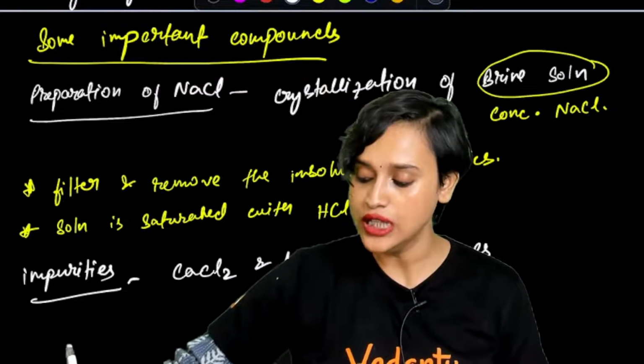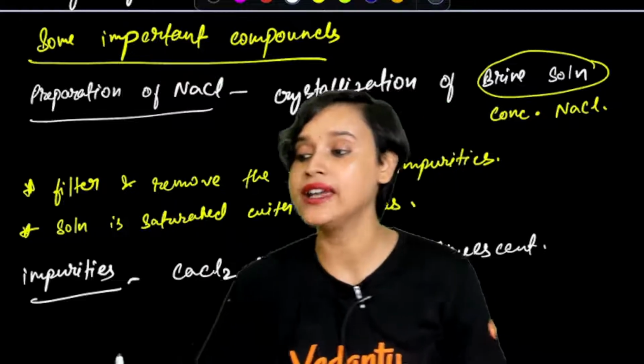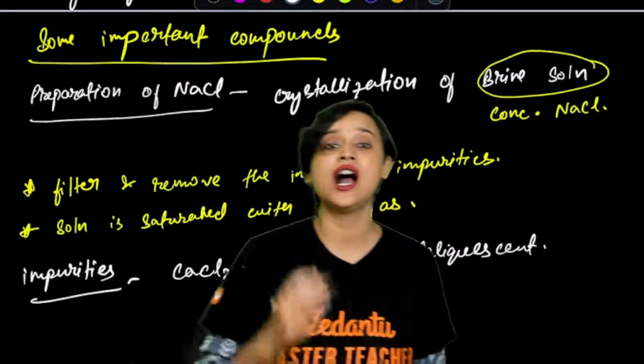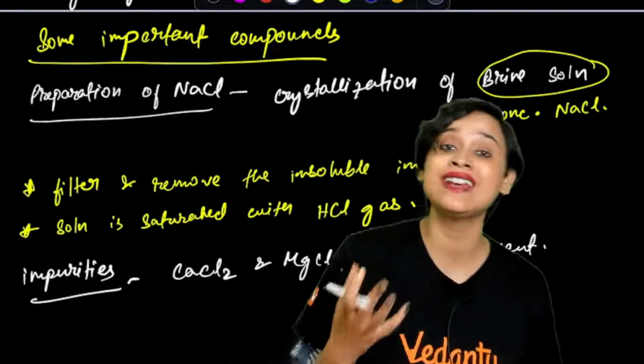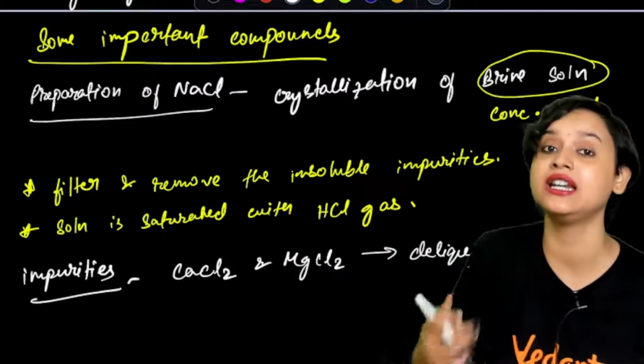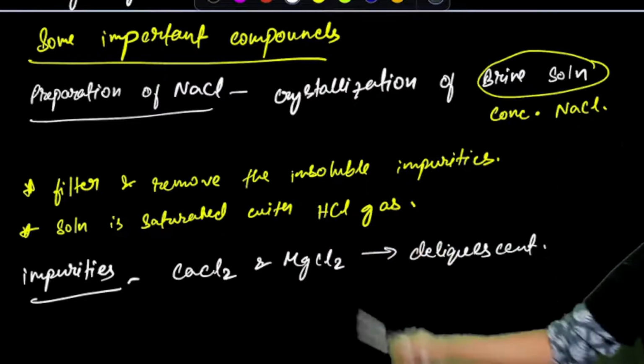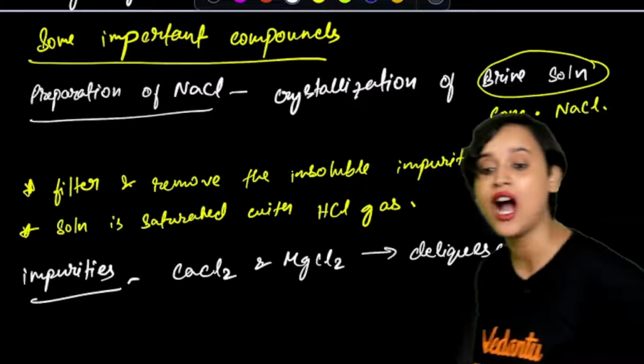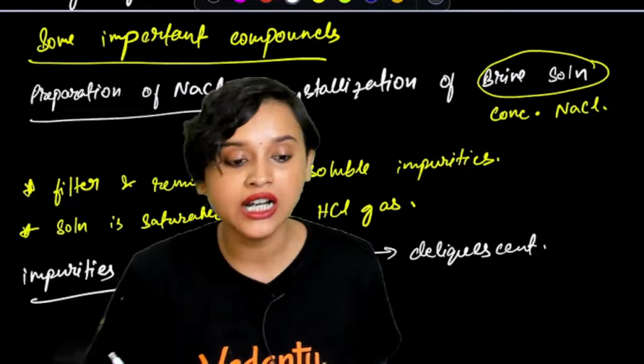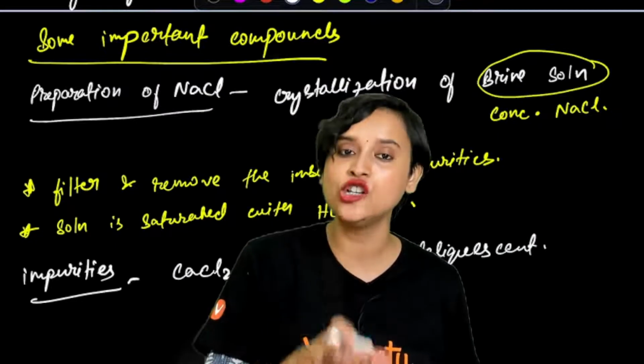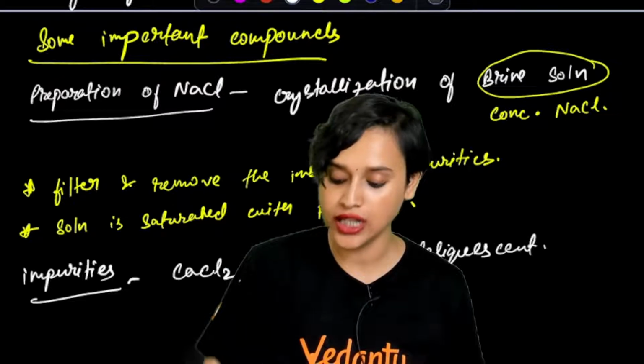Remember, I just told you that this is exactly why our normal common salt is hygroscopic in nature. Why? Because CaCl2 and MgCl2 are more soluble than sodium chloride, and they remain in the water only.